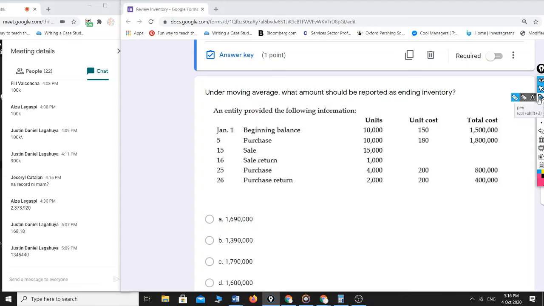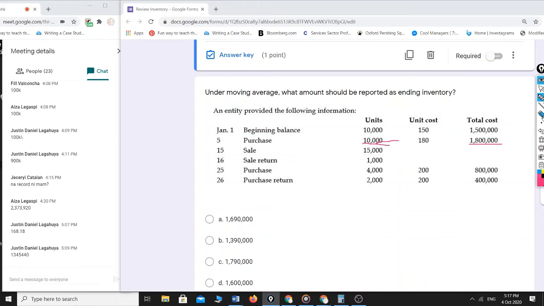Unlike earlier where we totaled everything and divided everything, here, per update, we compute the total cost. For example, beginning balance 10,000 units, unit cost is 150, amount is 1.5 million. And on January 5 you purchase 10,000 at 180, 1.8 million. Again, in every update, we compute the average unit cost.